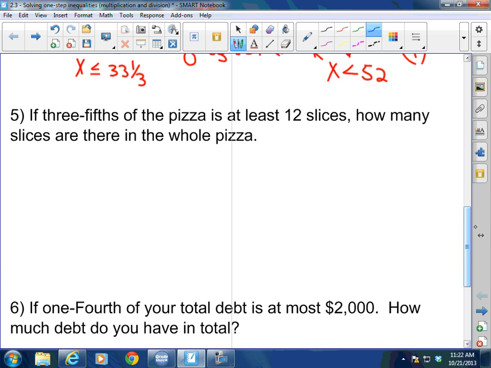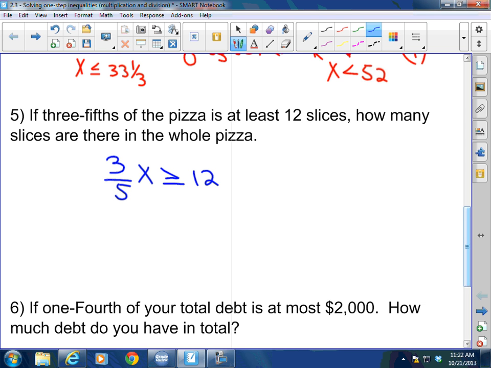I know the answer, but you do 3/5 times x. 3/5 of the pizza we don't know. It's greater than or equal to, is at least, greater than or equal to 12. Very good. Fantastic. That's a fantastic setup.